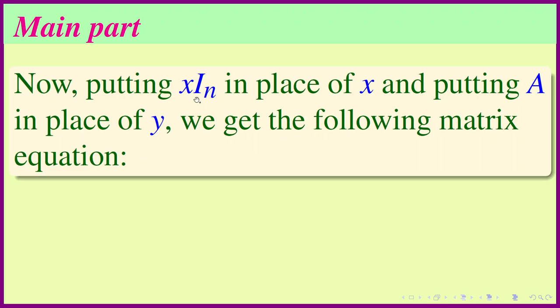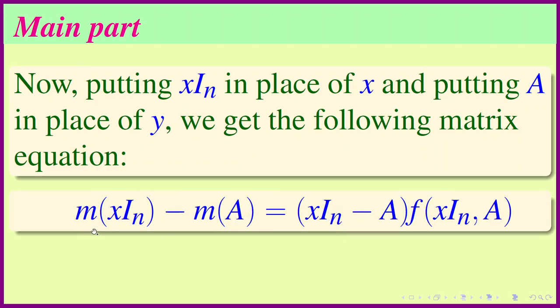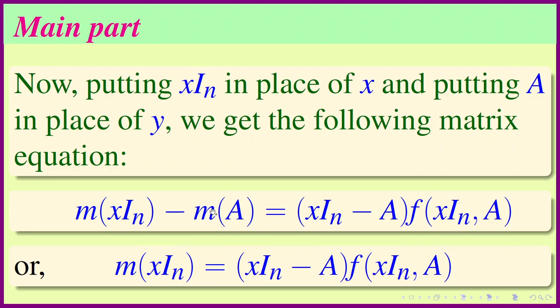Now putting XIn in place of x and A in place of y, we get the following matrix equation: M(XIn) minus M(A) equals (XIn minus A) times f(XIn, A). Since M is the minimal polynomial of A, A satisfies it, so M(A) is the zero matrix.